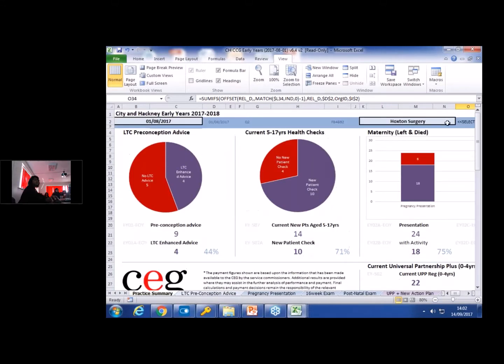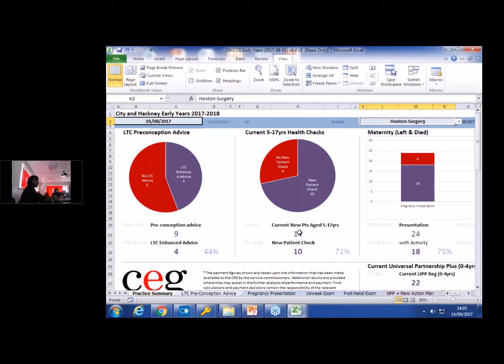Again, if you choose your practice here, you can see how many patients had preconception advice up to date, up to this month, and how many of them had enhanced preconception advice. Same with health checks.